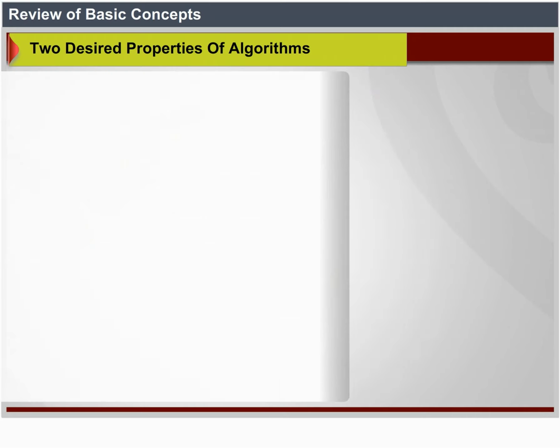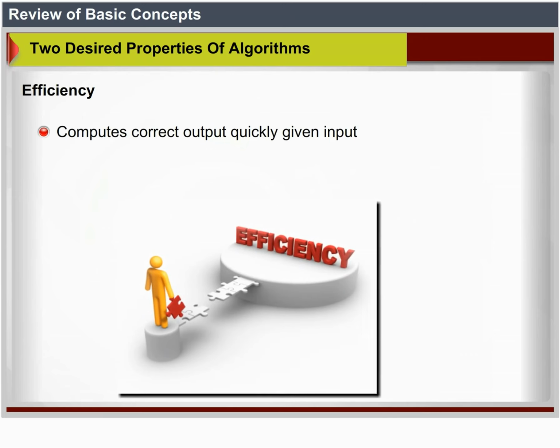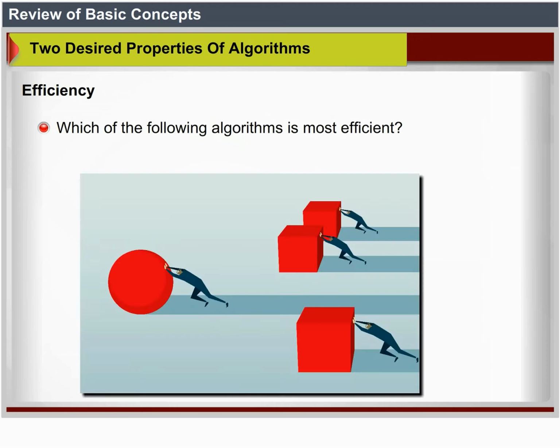Efficiency: computes correct output quickly given input. Example, odd number problem. Input, a number n. Output, yes if n is odd, no if n is even. Which of the following algorithms is most efficient?